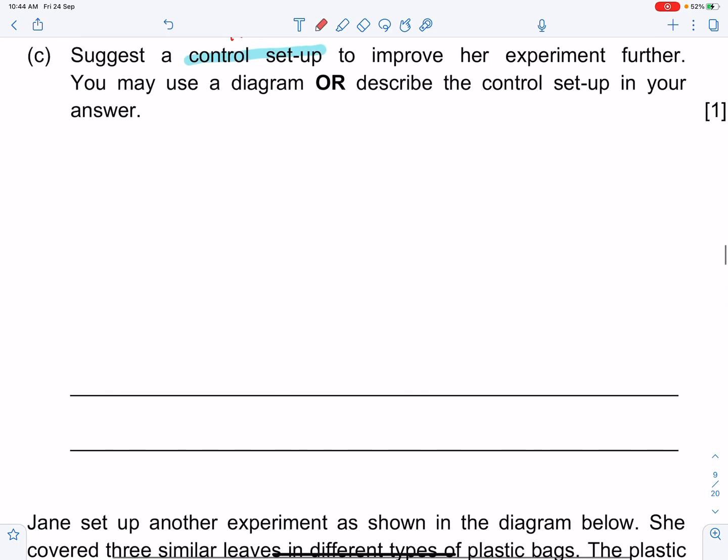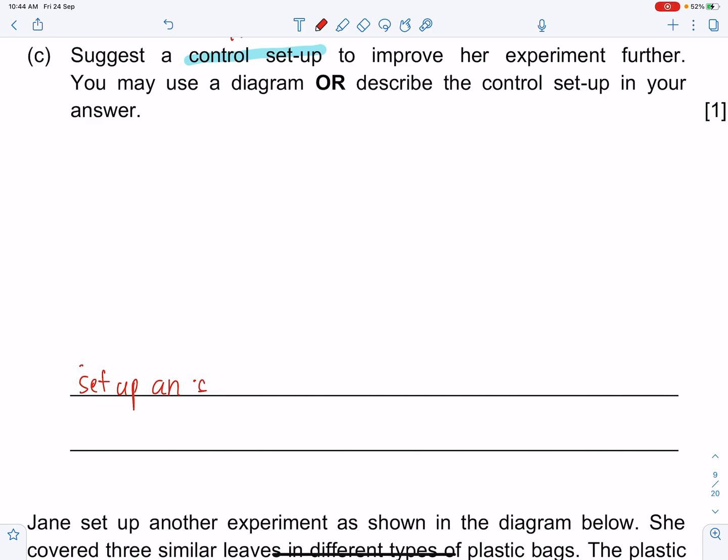So basically I would say set up an identical, okay, similar, okay. No, use the word same. I think same is the safest.